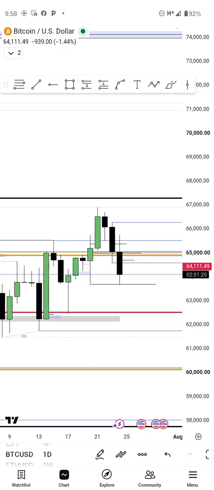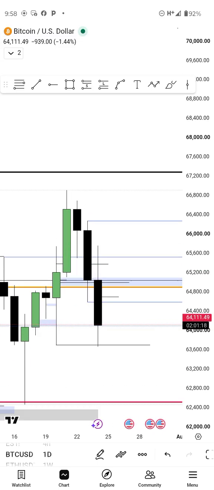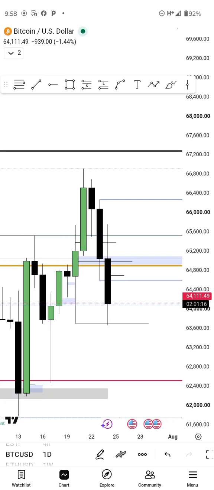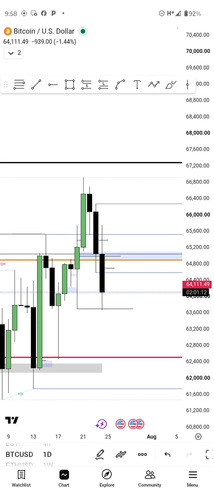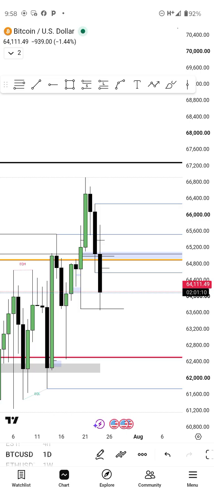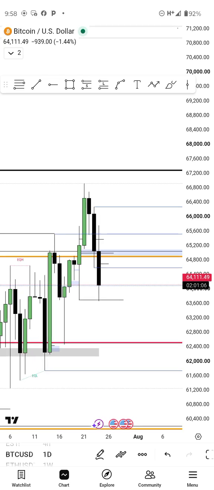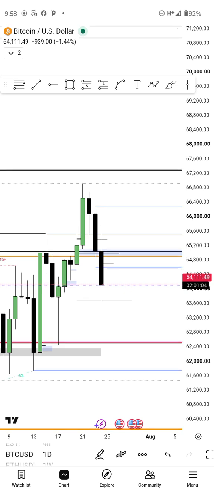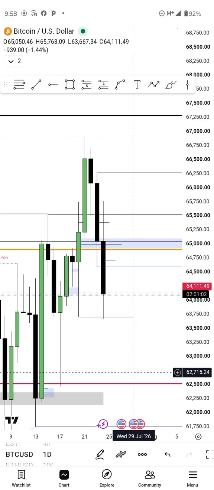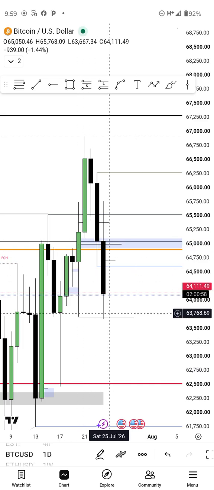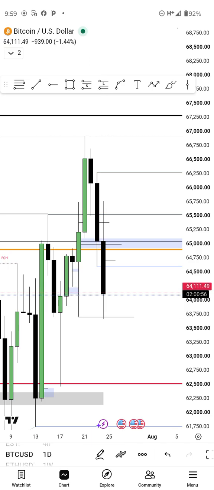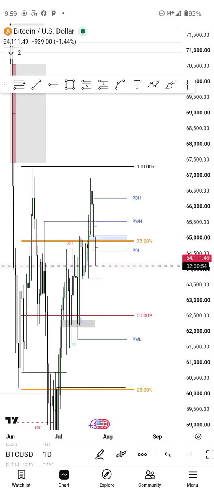So in case BTC, we don't know where BTC closed, right? But in case BTC closed, then we'll be mitigating this inversion of FVG right here to the 50% of the range and fall back.